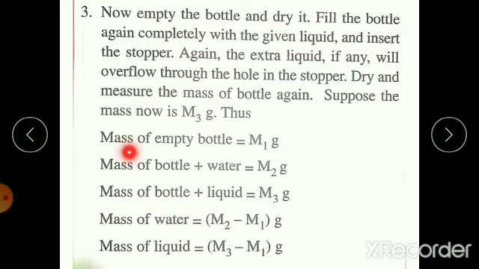So the mass of the empty density bottle is m1 grams, the mass of the bottle plus water is m2 grams, and the mass of the bottle plus liquid is m3 grams. So the mass of the water will be m2 minus m1, and the mass of the liquid will be m3 minus m1 grams.